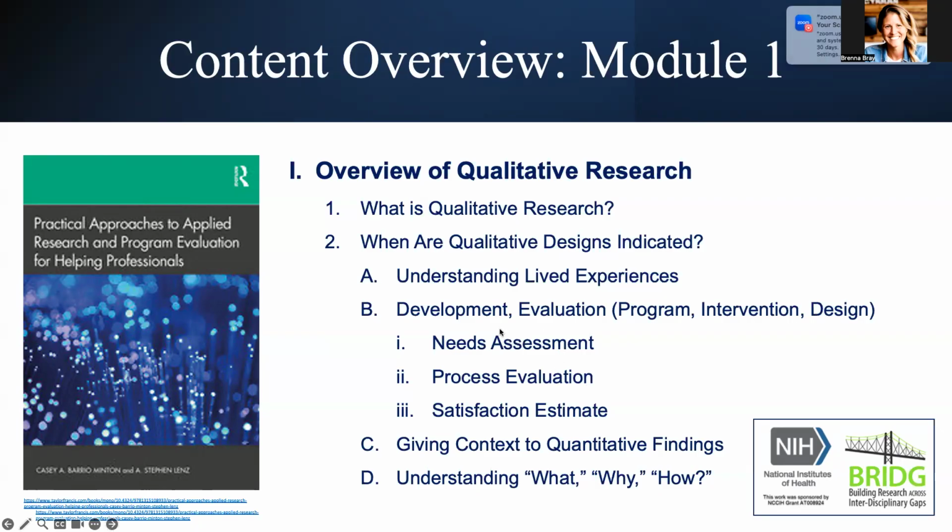When we talk about the use of qualitative research to support development or evaluation of programs, interventions, or designs, we're going to focus on needs assessments, process evaluations, and satisfaction estimates. These are just three types of surveys or analyses that you might want to use in your research.